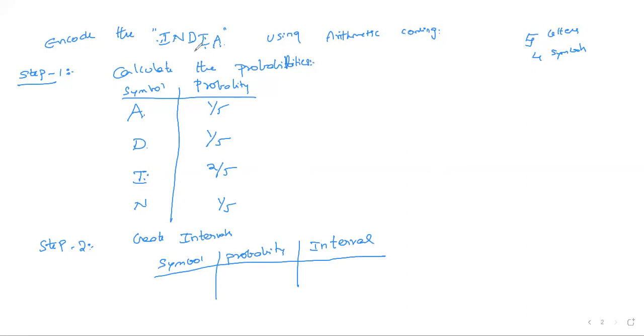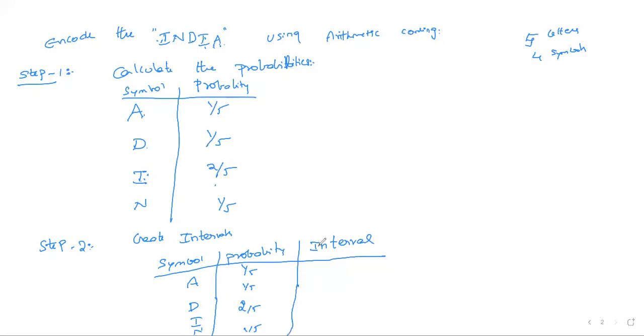Here I we have 2 times, but the symbol is only one. According to that, the probability will be varied. We have to write only one time and calculate probability according to the number of letters. A, D, I, N: 1 by 5, 1 by 5, 2 by 5, 1 by 5.